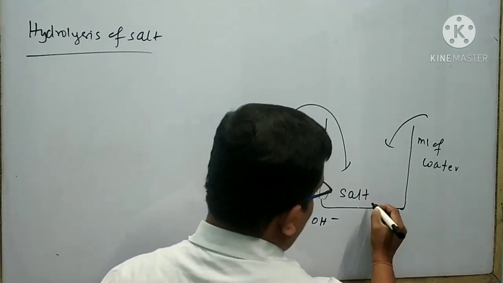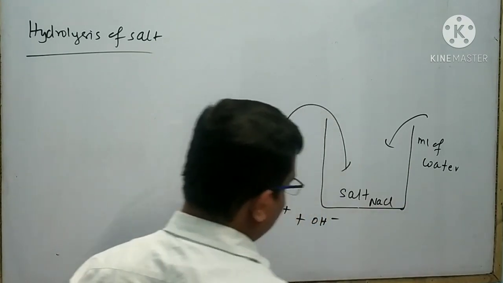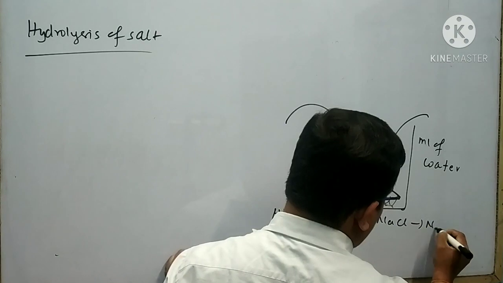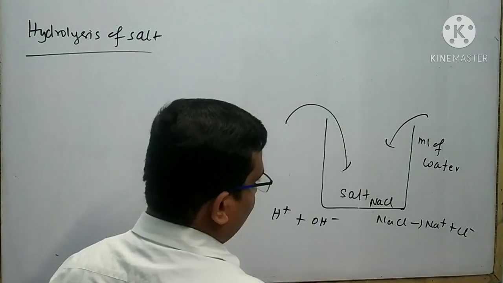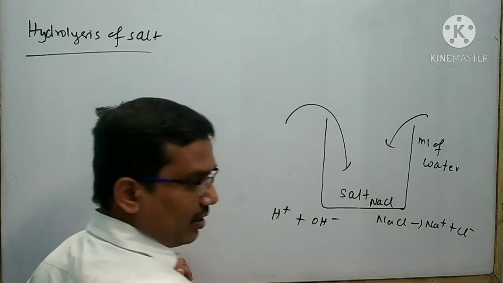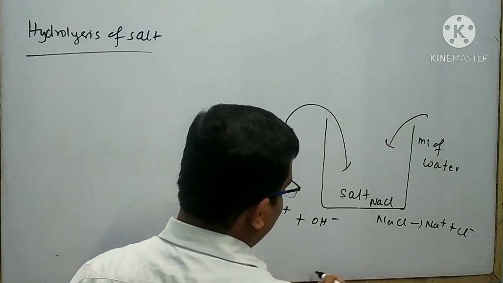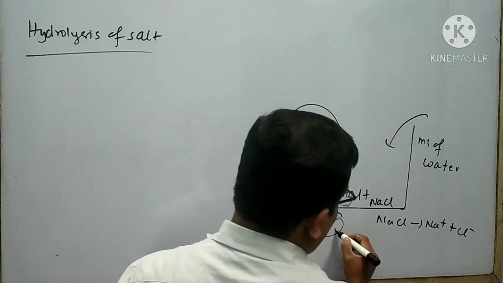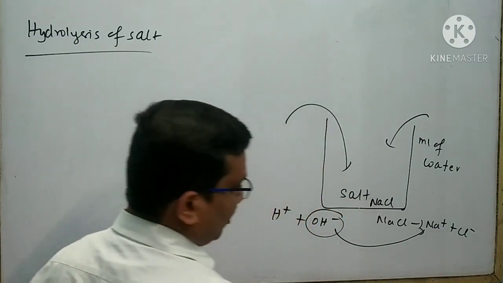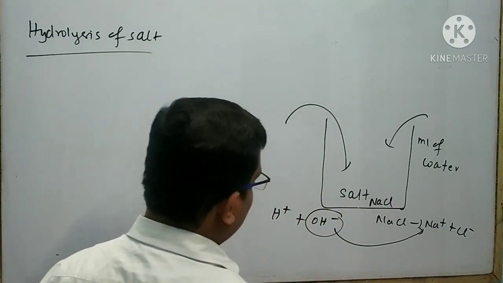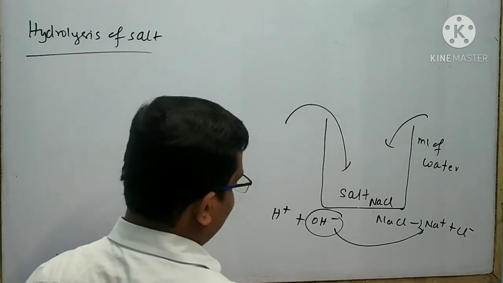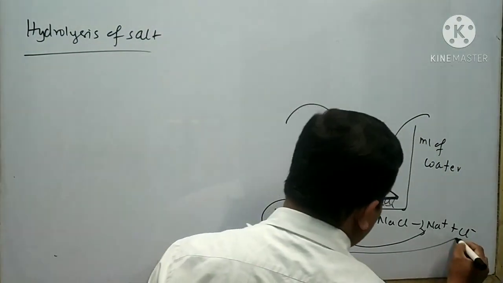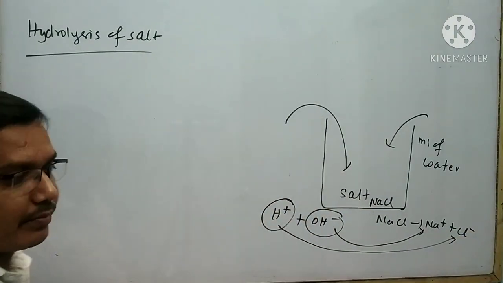Suppose take NaCl, then what will happen? NaCl gives Na plus and Cl minus ions. When water is added to the sodium chloride, OH minus ion of water interacts with the Na plus ion of NaCl. On the other hand, simultaneously H plus ion of water interacts with the Cl minus ion of NaCl.